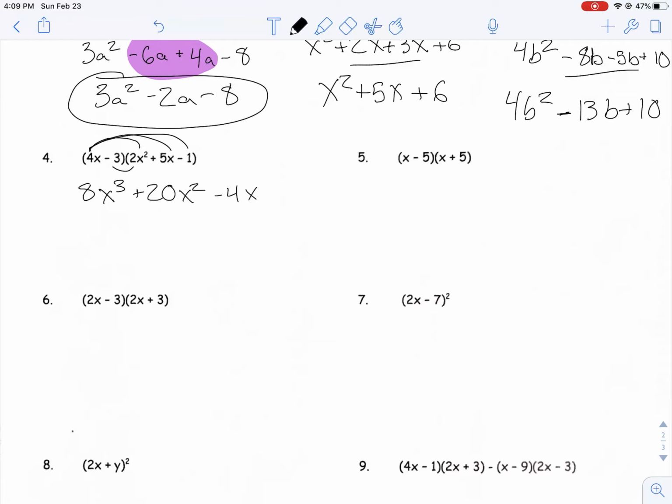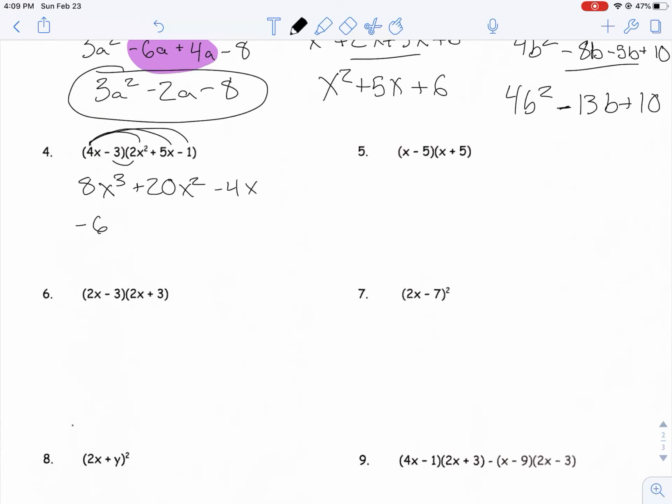Negative 3 times 2x, well, that's going to be a negative 6x squared. So I'm actually just going to continue my equation down here. Negative 6x squared. Next one's negative 3 plus 5x. That's a negative 15x. And then negative 3 times negative 1 is positive 3.